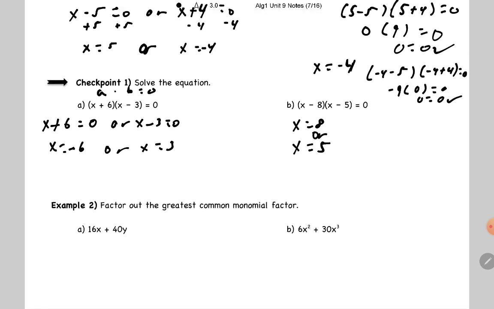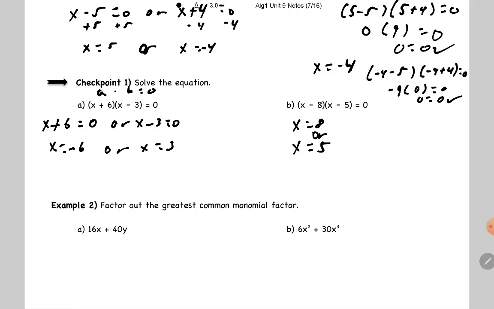Example 2, factor out the greatest common monomial factor. Remember, a monomial is just one term. It could be 8x, it could just be 8, it could be 3, it could be y, but we're going to factor out a greatest common monomial.